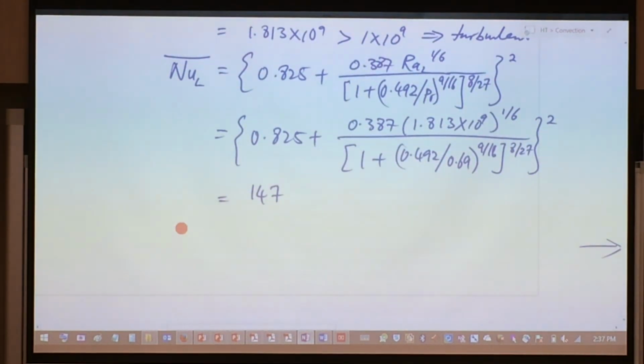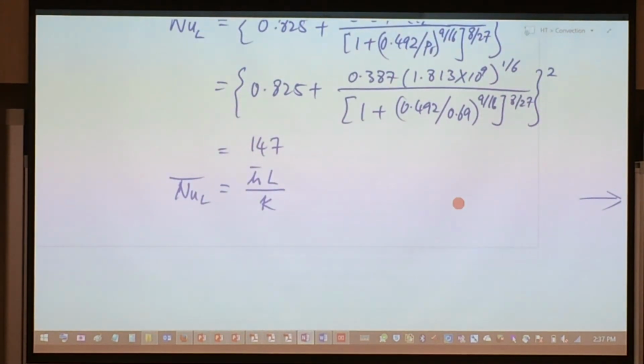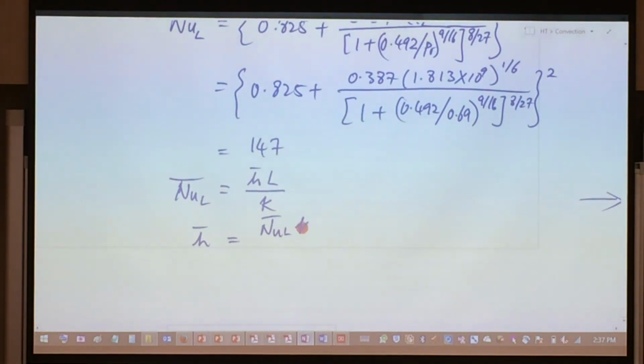So we know that the Nusselt number is equal to h bar L over k. And we were saying that our job is to find out what is h bar. So h bar, by re-expressing this whole thing, would be Nusselt number multiplied by thermal conductivity over your length. So we have found out what is a Nusselt number already, 147.